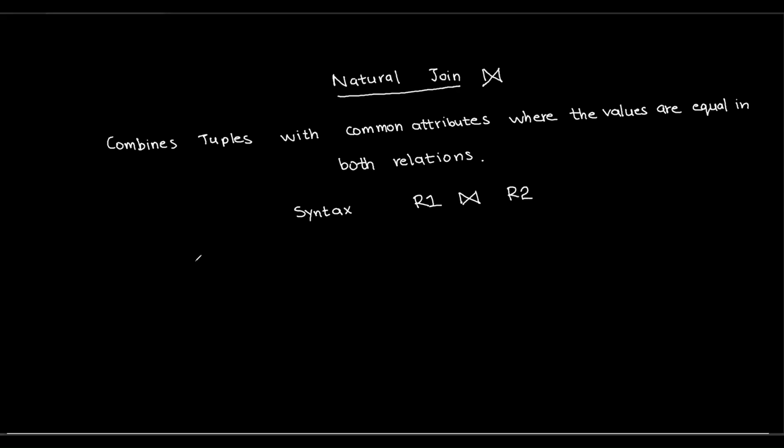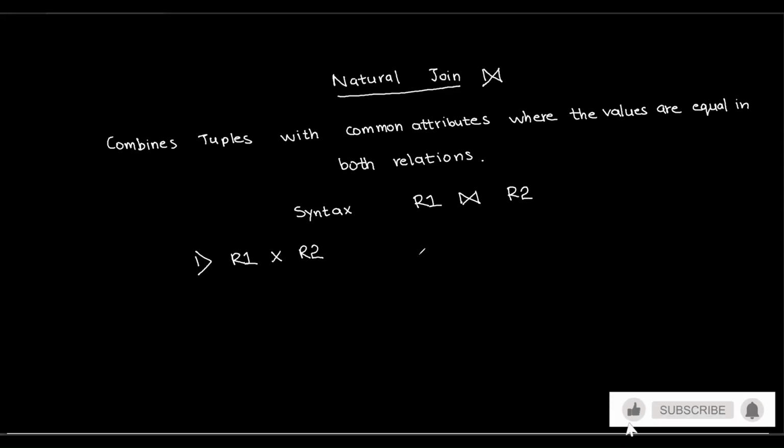This has three main steps. The first thing is R1 cross product R2. R1 and R2 go through the operation called cross product.